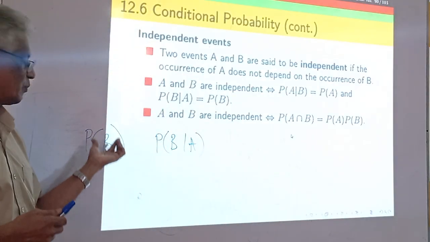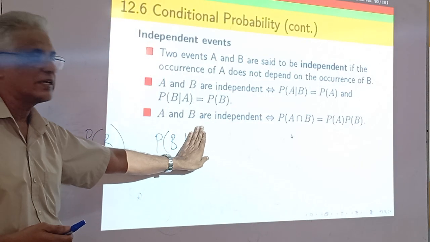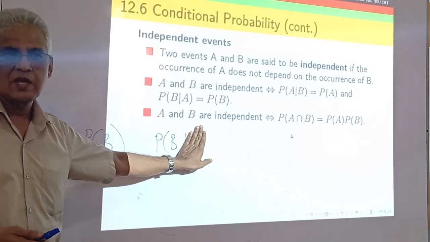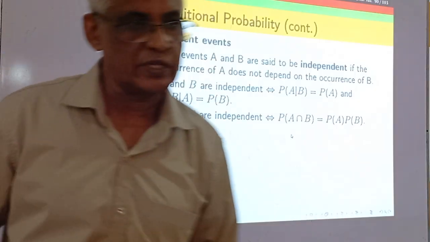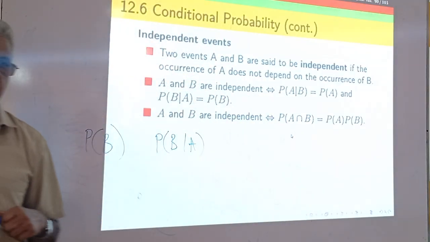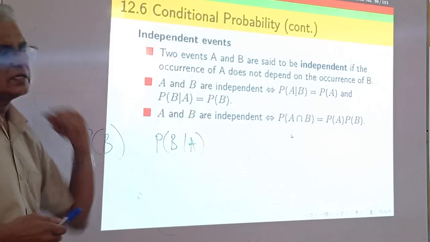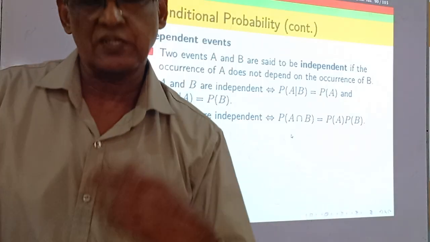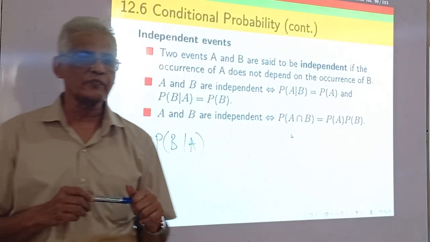Right? If the probability of B and the conditional probability are the same, it means B does not depend on whether A occurred or not. Independent. B doesn't depend on A. So in that case, this conditional probability and unconditional probability will be the same. That's how you define the independence of two events mathematically.